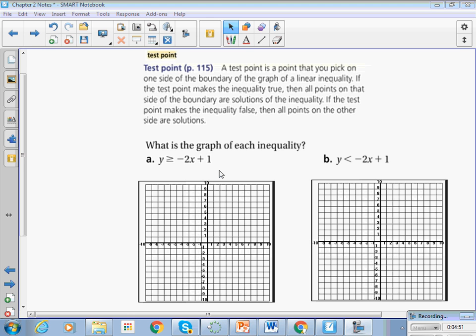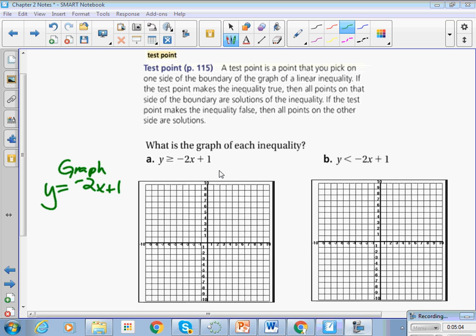So step number 1 is graph the equation as if it were y equals negative 2x plus 1. We are going to graph the line. I'm going to graph this using slope intercept. I know my slope is negative 2 over 1, and I know my intercept is positive 1.